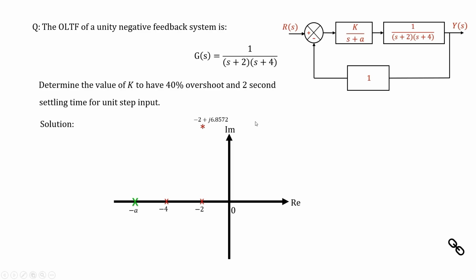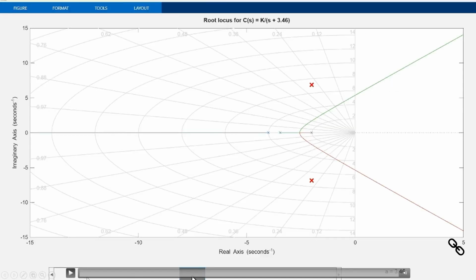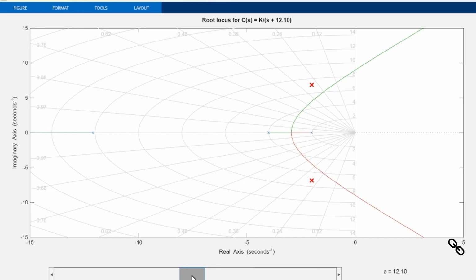Now, with a pole, am I able to solve this problem? You see, with a pole I will be able to solve this problem because the root locus will pass through this point now. If I keep on changing the position of the pole, you see that there will be a point at which the root locus will pass through that point.